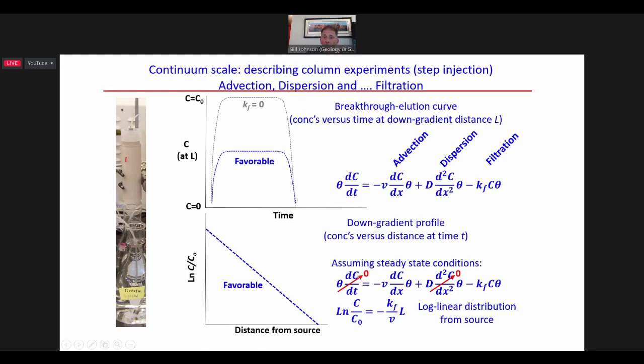And if we assume steady state conditions, the transient term and the dispersion term both drop out, so we can equate the advection term and the filtration term, and those together say that the natural log of the relative concentration is going to change linearly with distance L, and the slope of that log linear decrease with distance from source is equal to the filtration rate constant over the velocity. That's the average pore water velocity. So we have a mathematical construct that describes all this. This is what we see under favorable conditions.